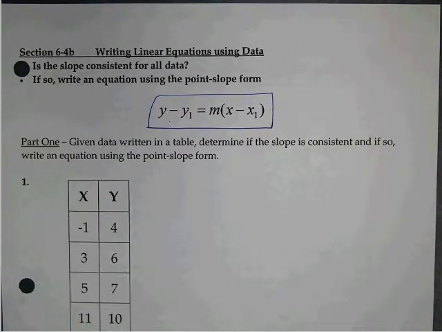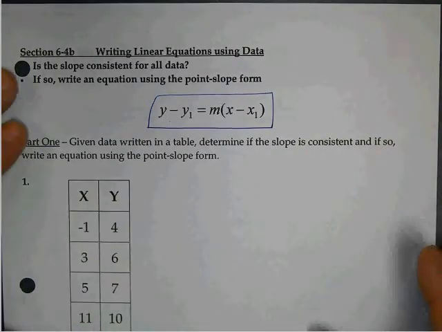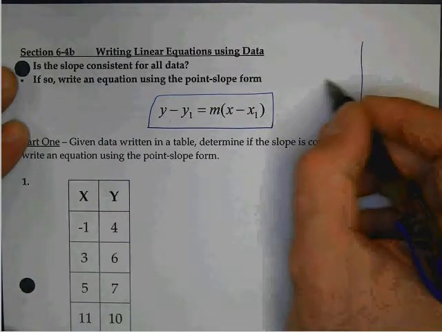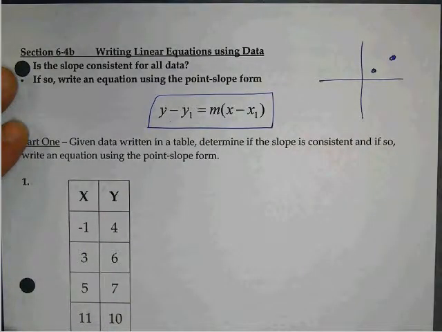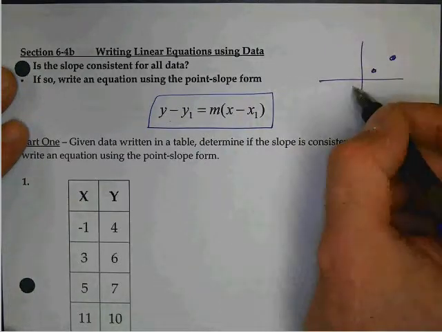Here I have this table, and I want to see if this table represents a graph. For example, I'm going to graph something up here. Here's the first point. Here's the second point. Could you find the slope of those 2 points? Here's the third point.